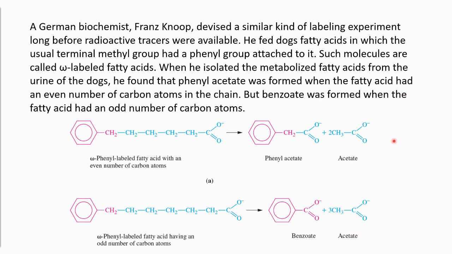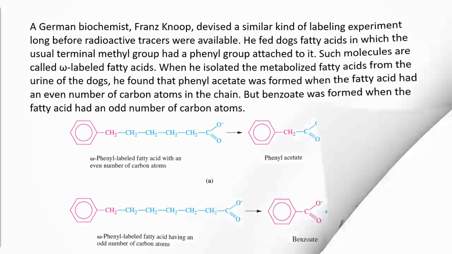So they were able to see that there are a lot of acetates being produced when you have the metabolism of fatty acids. Okay. Although there were a lot of other studies related to it, the one that was identified by Franz Knoop was actually parang siya yung nag-stem ng lahat ng study when it comes to fatty acid degradation.